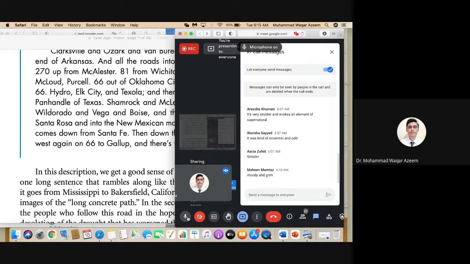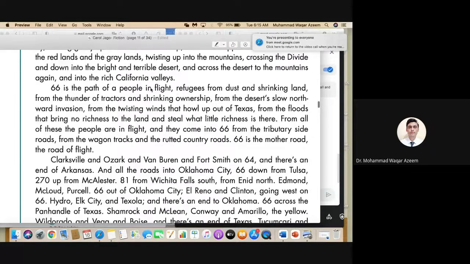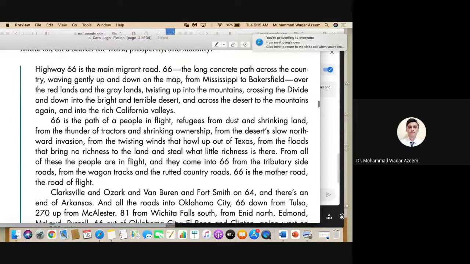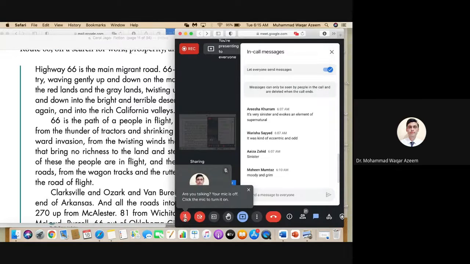Anybody would like to read this extract from here, please? Reader for this extract, please. Anybody would like to read this part?